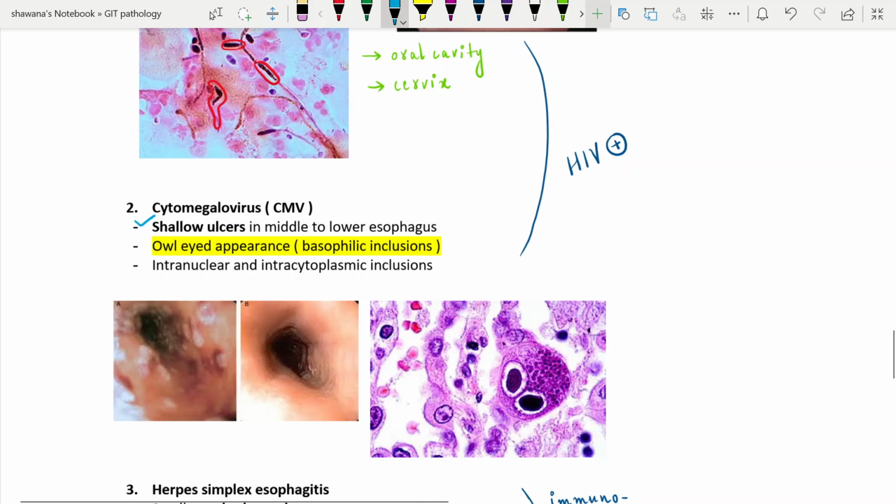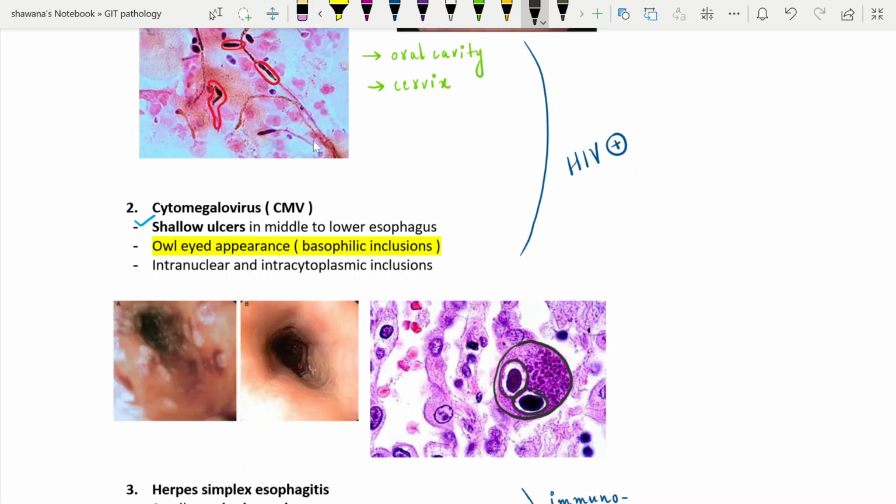In CMV, we can see a large cell with an owl eye appearance. The nuclei look like owl eyes. It's the most common description of CMV from head to toe. Wherever there is CMV infection, you can always see this microscopic description: owl eye appearance with basophilic inclusions.